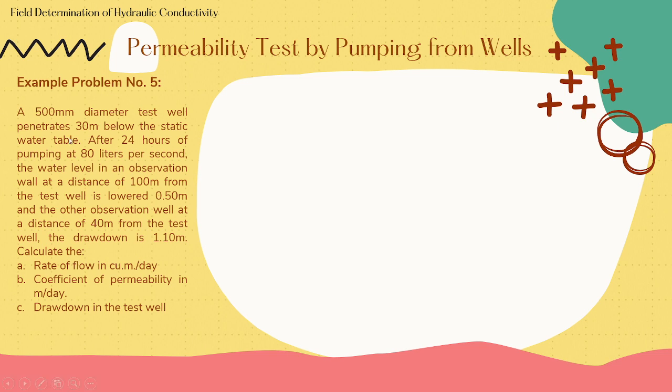After 24 hours of pumping at 80 liters per second, the water level in an observation well, this is well, not wall, at a distance of 100 meters from the test well is lowered 0.50 meters, and in the other observation well at a distance of 40 meters from the test well, the drawdown is 1.1 meters.